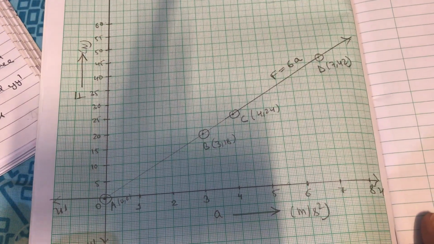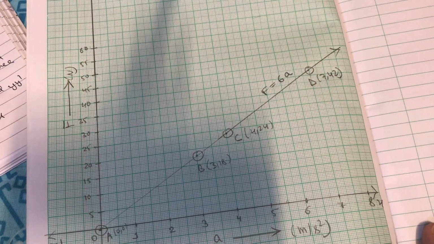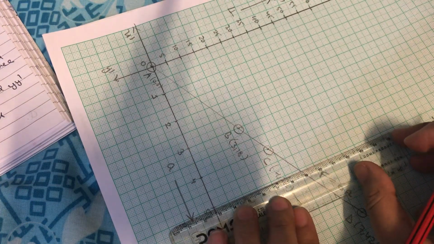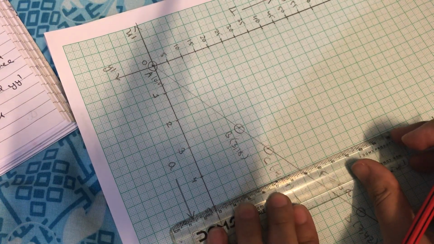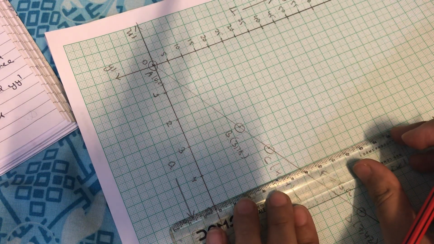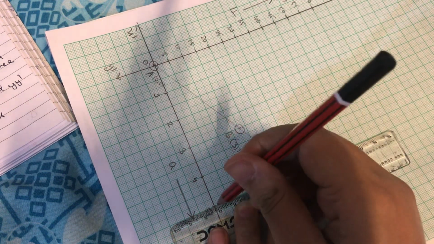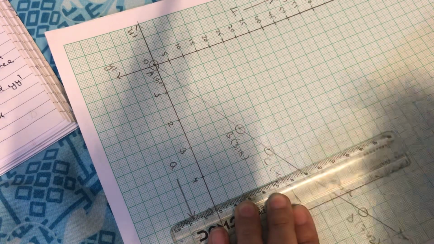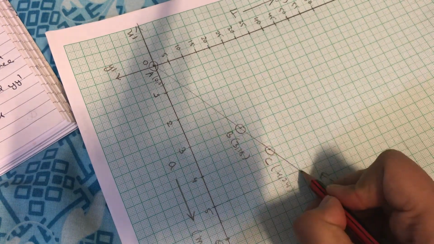After writing the coordinates, I have to find graphically the value of force for 5 meter per second square. So from 5, I'll draw a line perpendicular to the x-axis, which will intersect the line F equals 6a. So here it is intersecting, right? Here at this point.